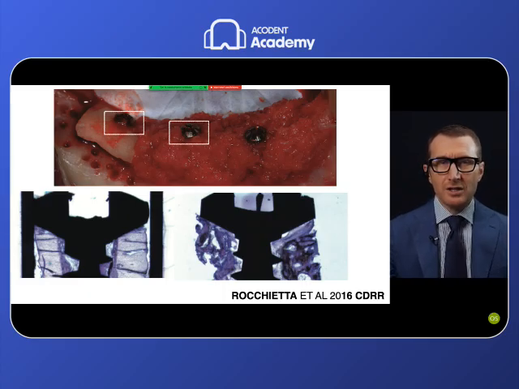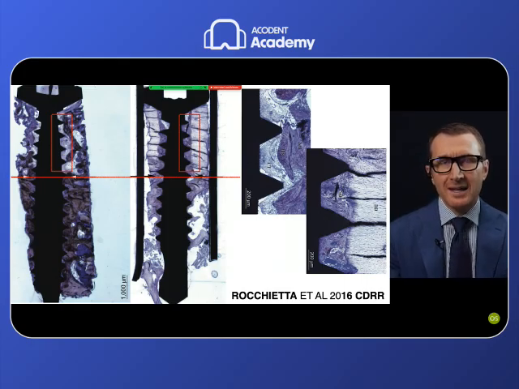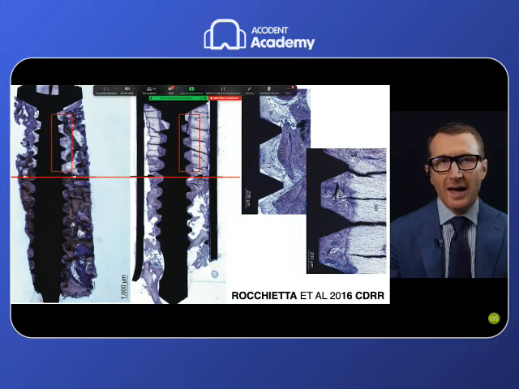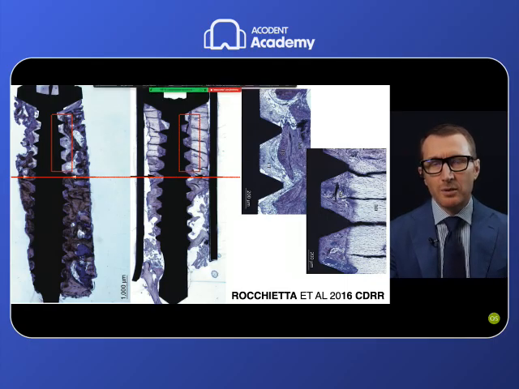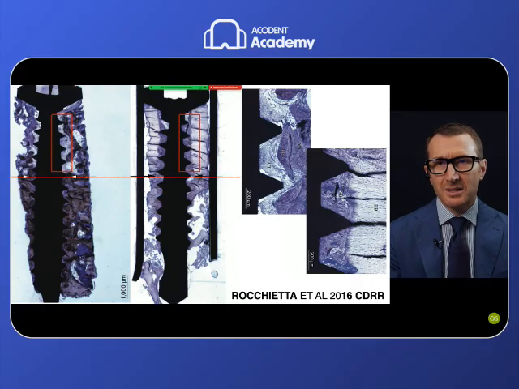So they are not considering the block itself, and they are not considering the particulated material itself. If you look strictly at the space between the screw and the graft material, you see that we may have more bone formation in the block area compared to the particulated material.